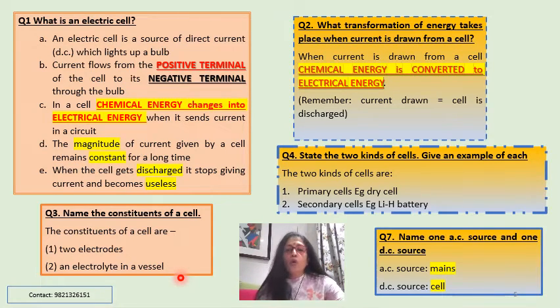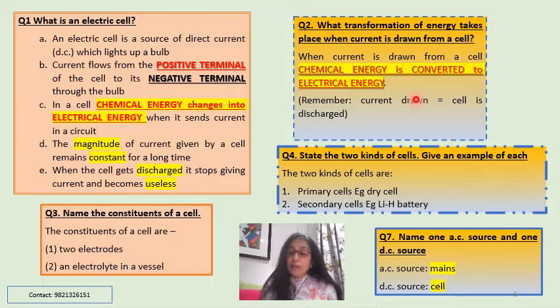What transformation of energy takes place when current is drawn from a cell? A cell has chemicals in it, 2 electrodes and an electrolyte. Now, when current is drawn, the circuit is complete, the cell has to give energy.